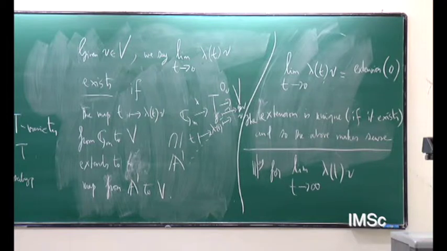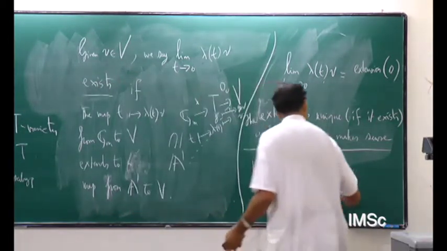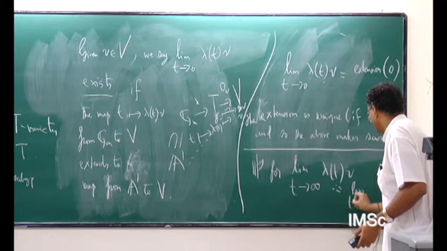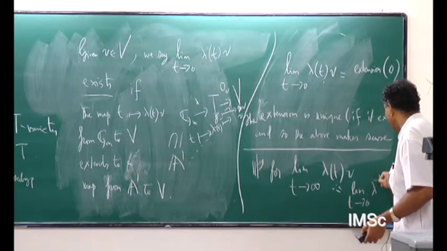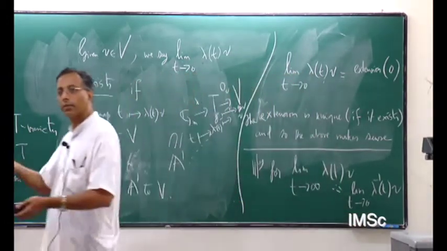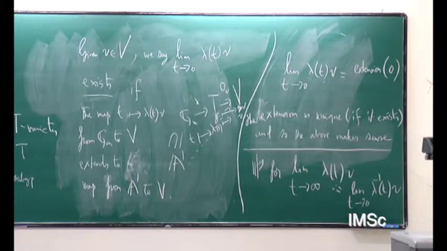It's the same idea. So you take lambda inverse, and this is defined as nothing but the limit as T goes to 0 of lambda inverse T. It exists when that exists, and it's equal to that.